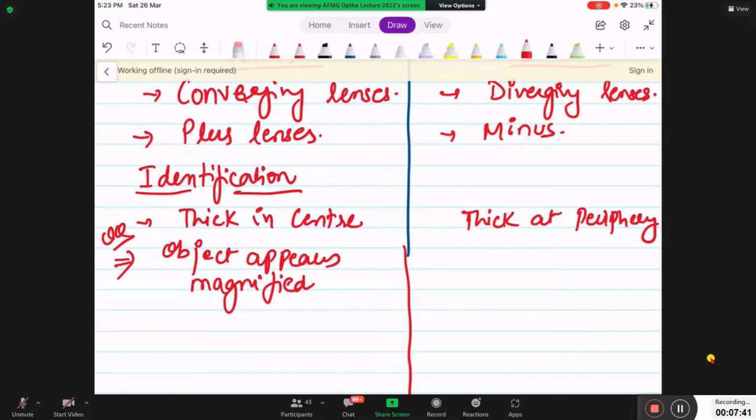Whereas concave is minus, so that is why the object appears minified. Minus will reduce, it will decrease the size of the image. So the object appears minified in concave lenses. Clear? Very important differentiating point between the two lenses.